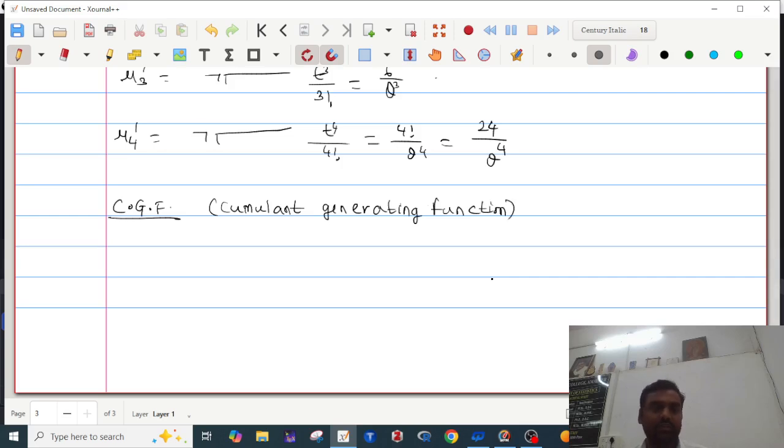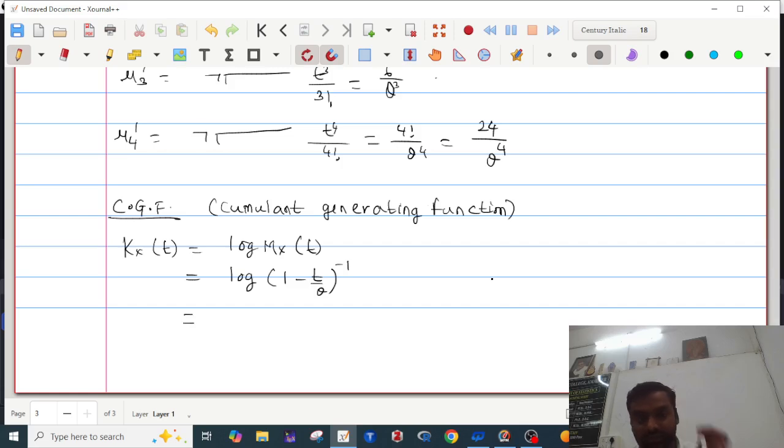The notation is K_X(t) is equal to log of M_X(t), which is log of (1 minus t upon theta) raised to minus 1. Take this minus 1 outside. This is minus log of 1 minus t upon theta.